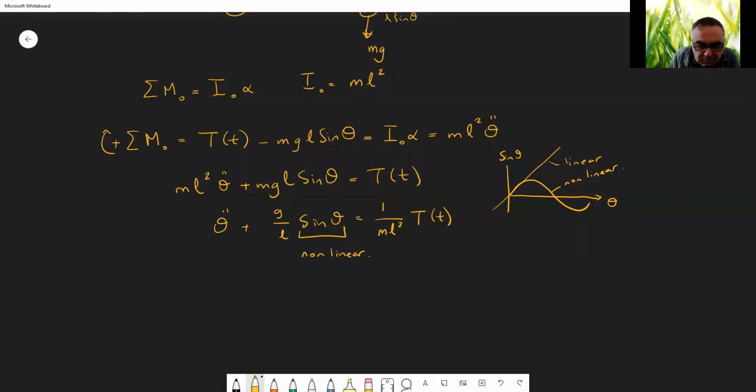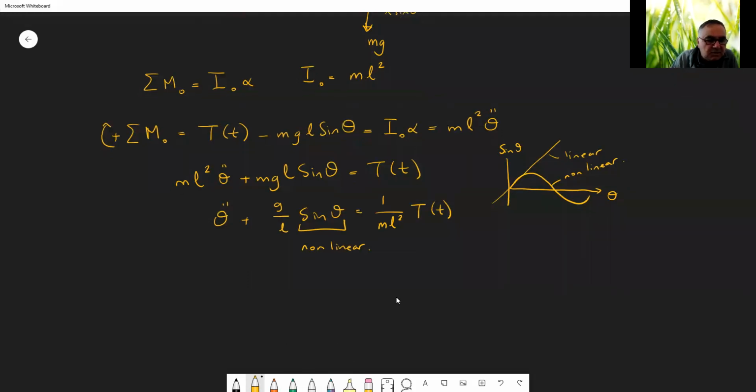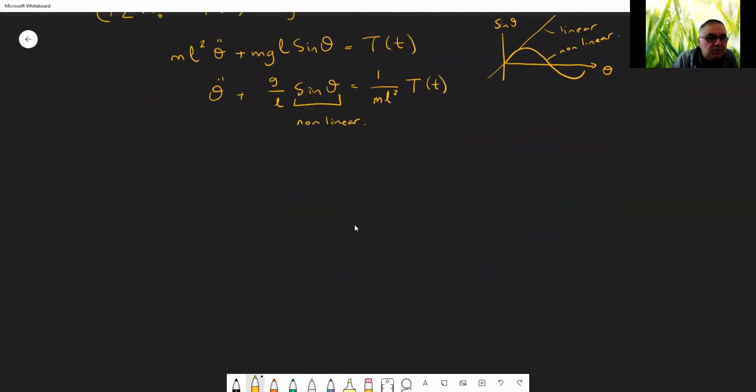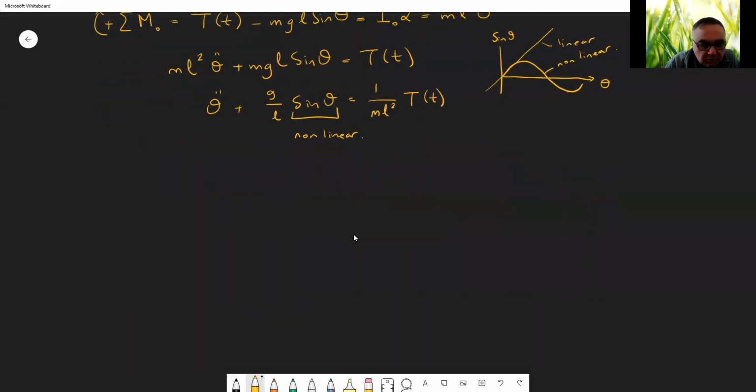One, to keep it simple. Secondly, we can approximately linearize nonlinear equations. So that's what we will do. We will say that sine theta is approximately equal to theta, let's say for small theta values.